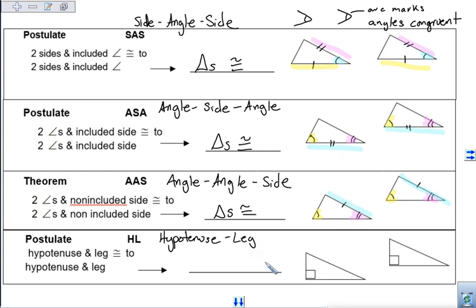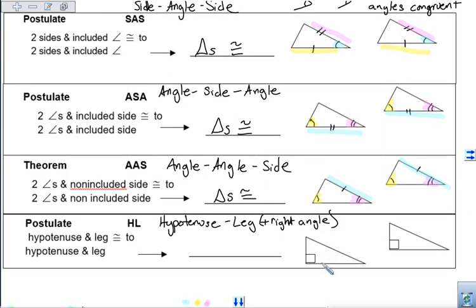And then we have our last one, which is hypotenuse leg. And to me, this should really say hypotenuse leg plus a right angle, because the only way this one works is if you have a right triangle. So you'll notice that in our figures here, we have right angles already, and you have to have your hypotenuse, which is the side across from your right angle.